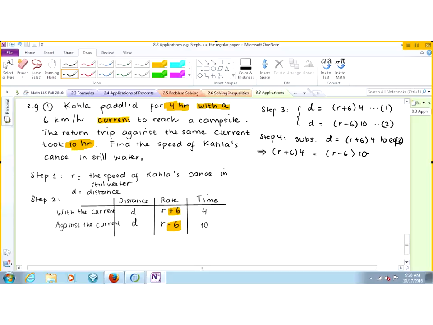Can you solve it? Of course, right? And then you're going to get an r. So solve these and then tell me what the r is. So r. So Kayla's canoe. And then what is the speed?